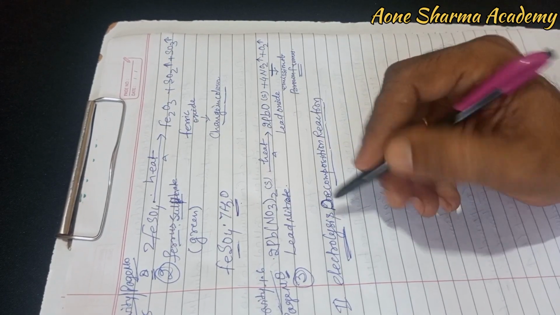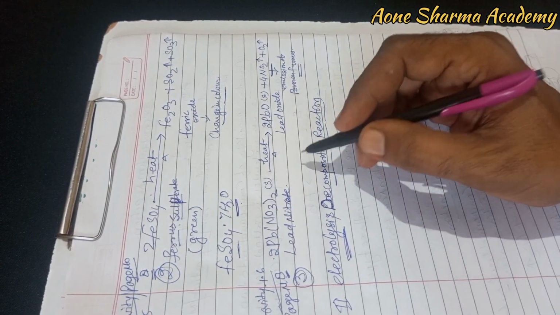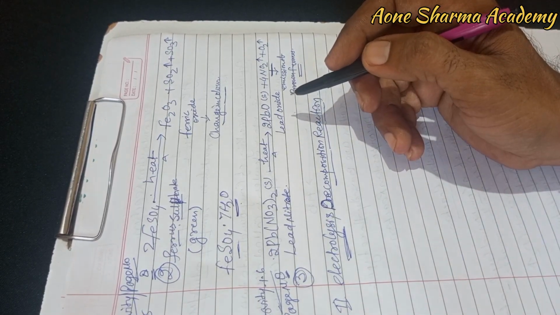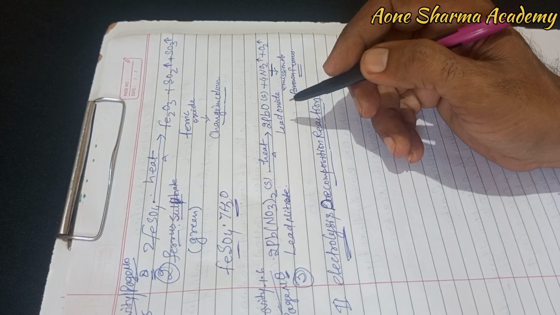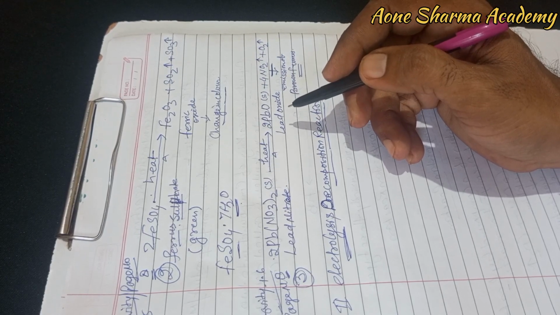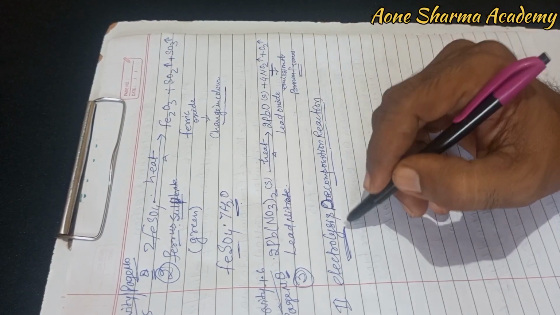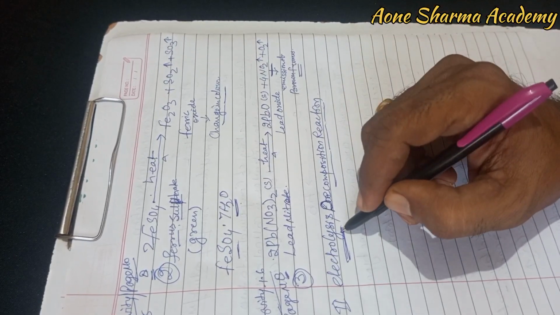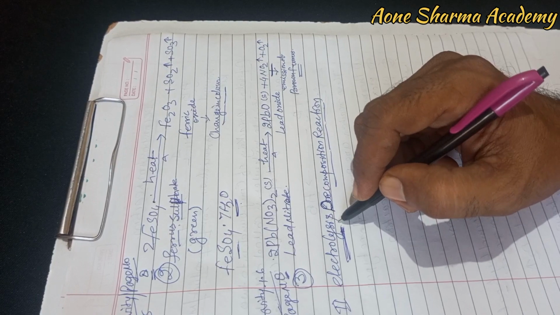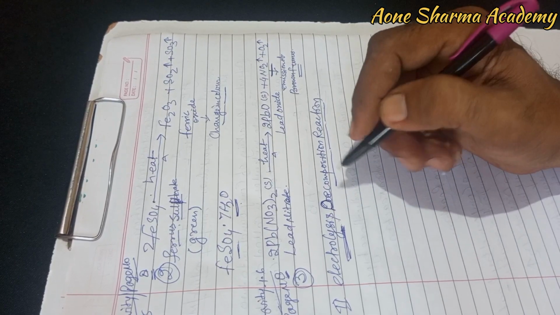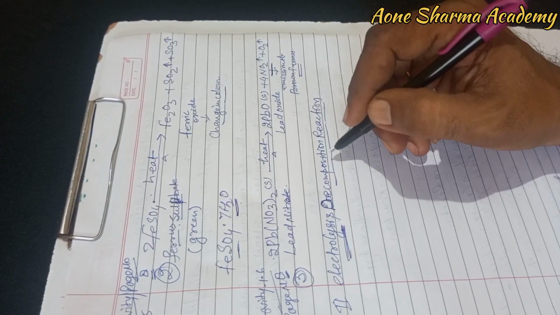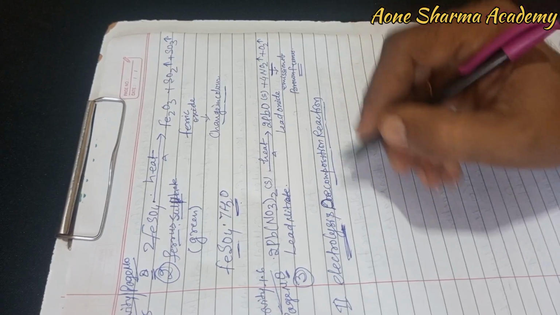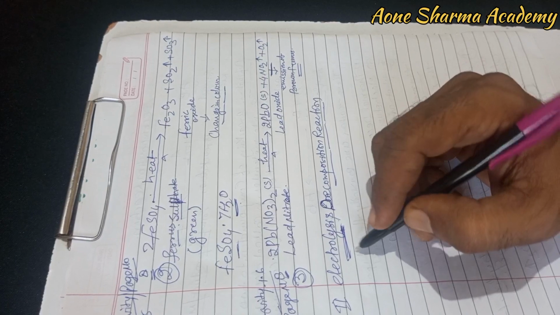A compound which is decomposed by electric current is called an electrolysis decomposition reaction. Here we try to understand with an example.